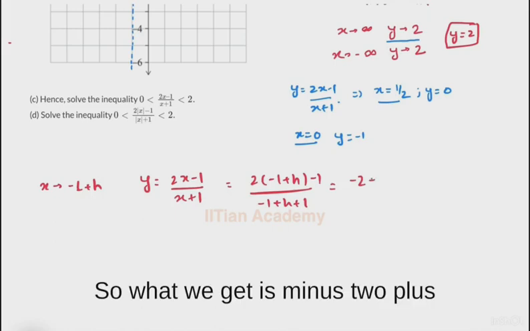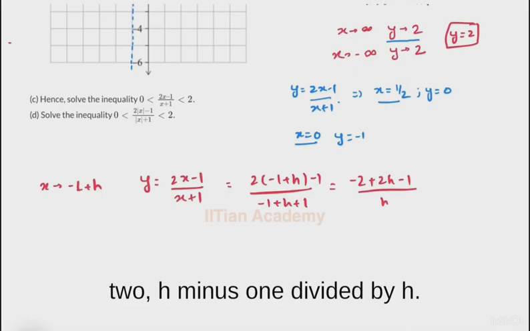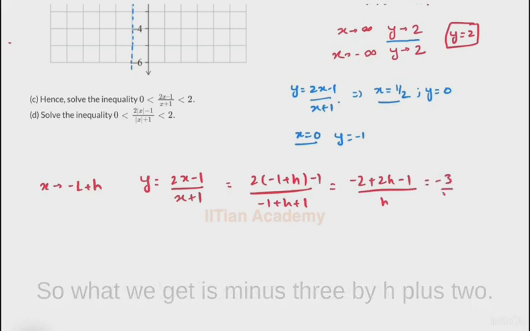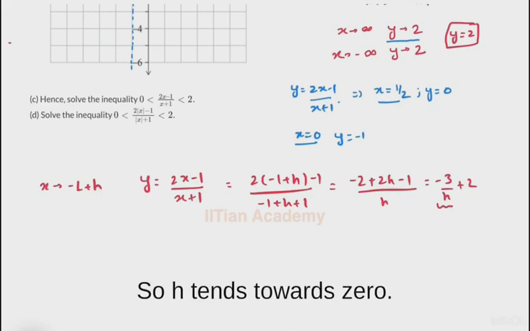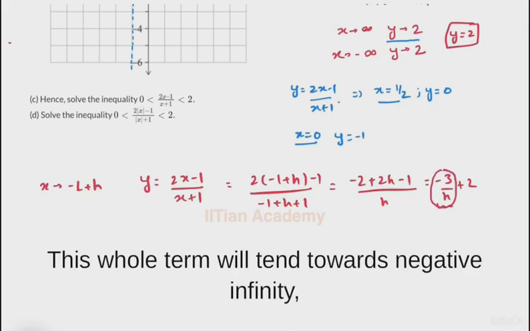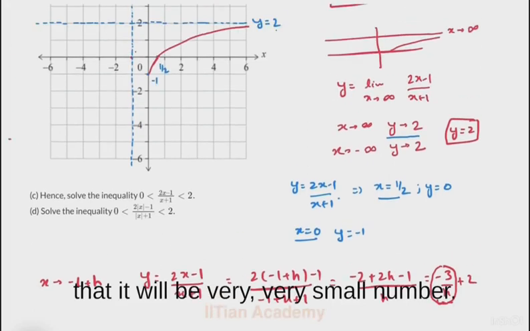So what we get is (-2 plus 2h minus 1) divided by h, which is -3 by h plus 2. So as h tends towards 0, this whole term will tend towards negative infinity, a very, very large negative number.